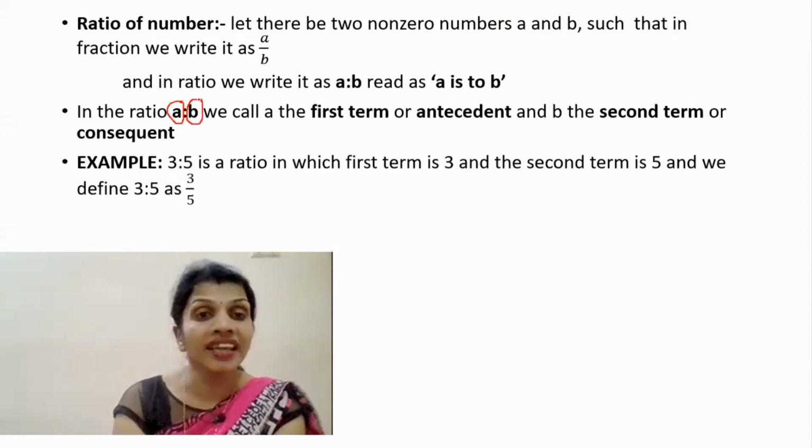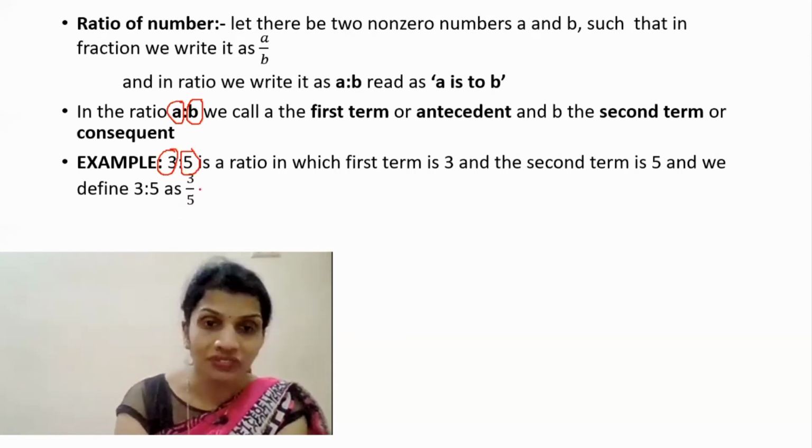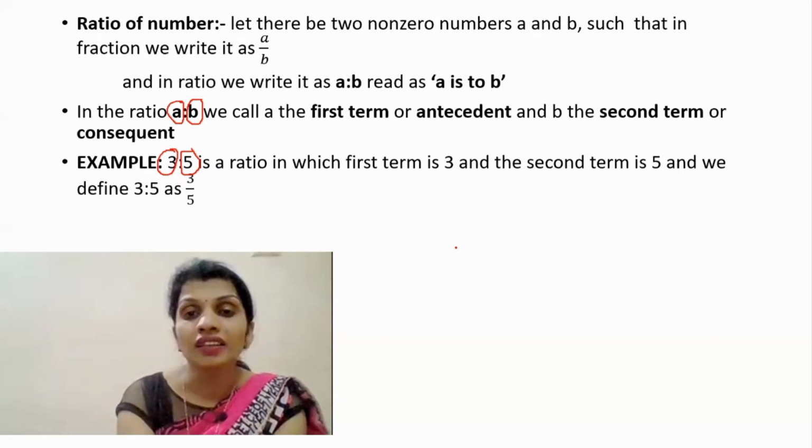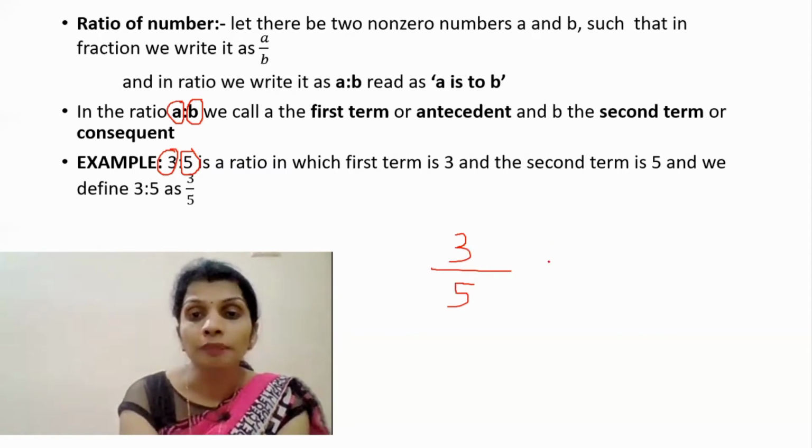For example, we take 3 is to 5 as the ratio, in which 3 is your antecedent and 5 is your consequent. In fraction form, we write it as 3 upon 5, or in ratio form, 3 is to 5.